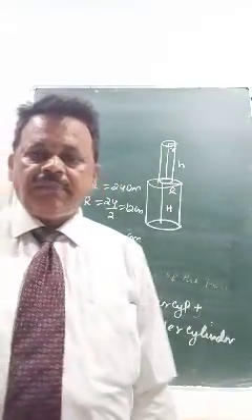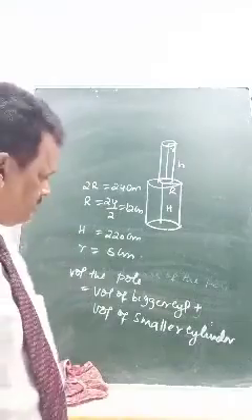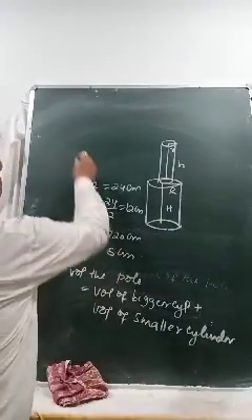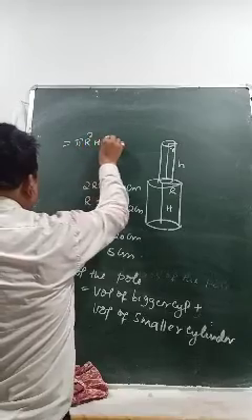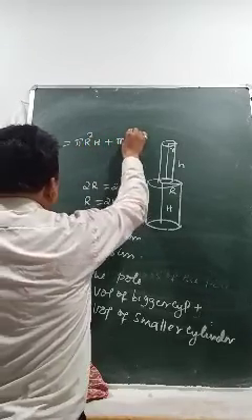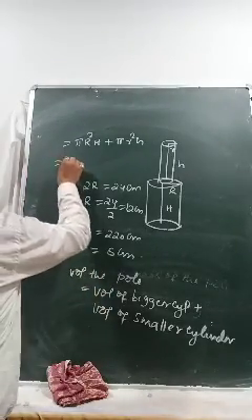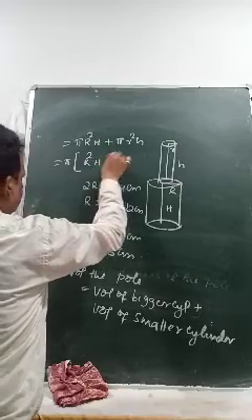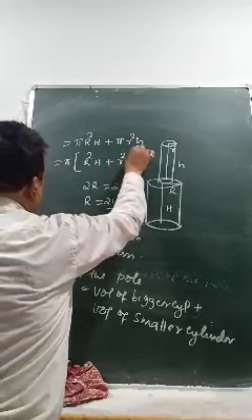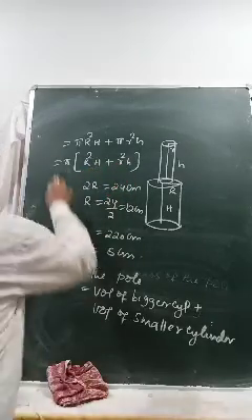So what will be bigger cylinder? Pi r square h, and pi small r square small h. Pi is common. R square h plus small r square small h. This will be the volume now, V.